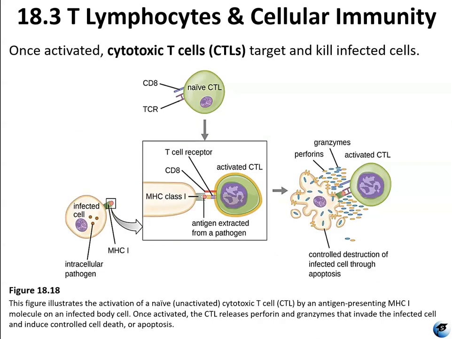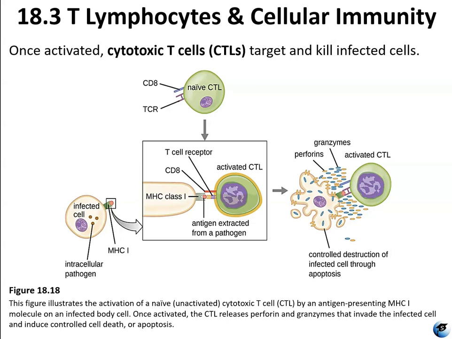Okay. Cytotoxic T cells target and kill the infected cells. This figure is showing the activation of cytotoxic T cells, and this is done by an antigen-presenting MHC1 molecule on an infected cell.